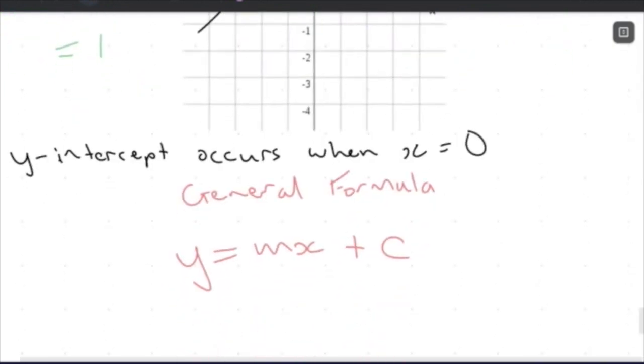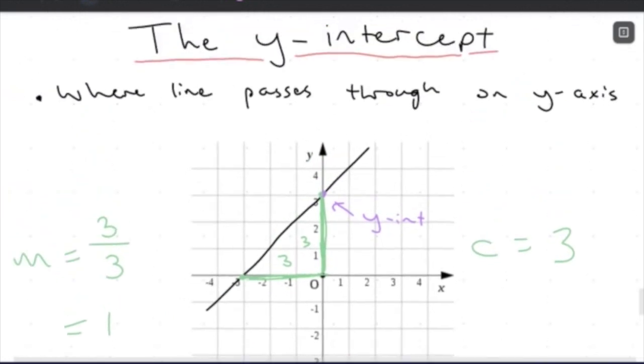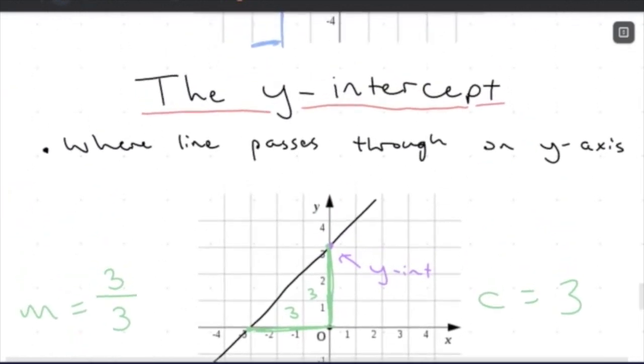So for our line, the general formula is y equals our gradient m, which is 1x, plus my y-intercept of 3. Now, 1 in front of the x is like saying 1 times x, and any number times 1 just equals that number. And since x can be any number, we can just write this as y equals x plus 3.